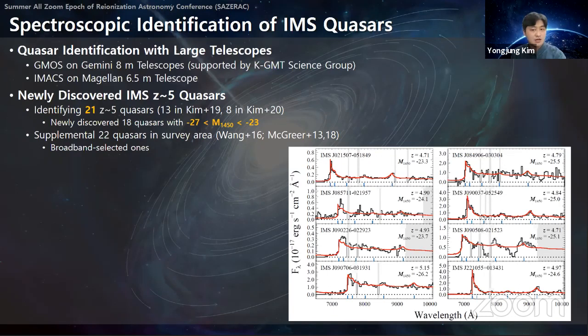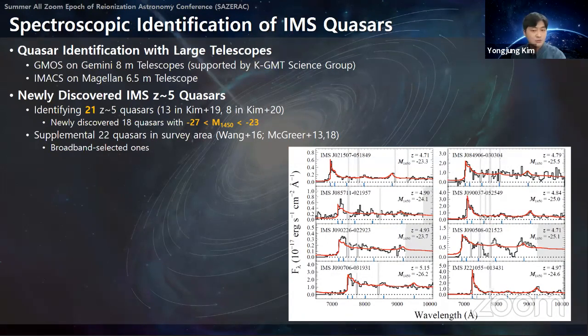For the plausible candidates, including the broadband-selected or the medium-band-selected candidates, spectra were obtained with large telescopes, such as the Gemini 8-meter telescopes or the Magellan 6.5-meter telescope. We already published 13 quasars in 2019, and here we also identified 8 new quasars.